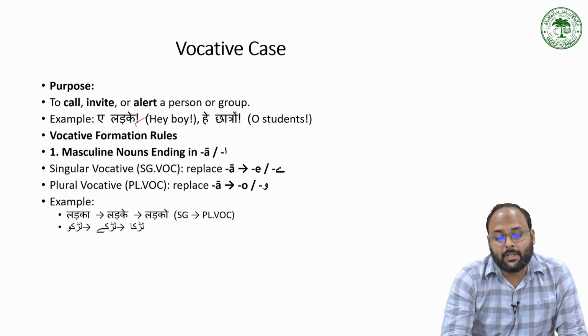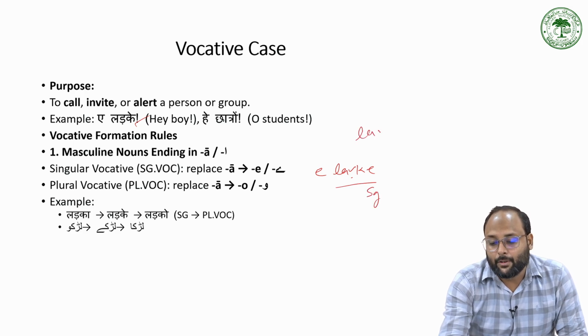This ladke is the singular form, but the base form is ladka. But for vocative we have some modification, some inflection from ladka to ladke. So when we are saying a ladke, that is the vocative case. In vocative form we are not saying a ladka, we are saying a ladke.